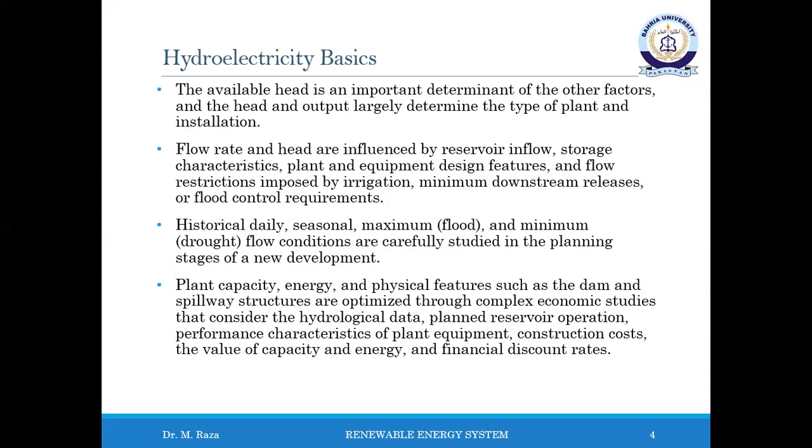Plant capacity, energy, and physical features such as the dam and spillway structures are optimized through complex economic studies that consider the hydrological data, planned reservoir operation, performance characteristics of plant equipment, construction cost, the value of capacity and energy, and financial discount rates.